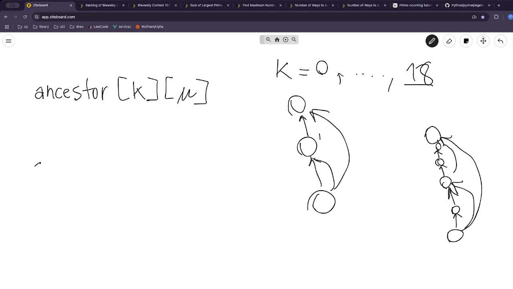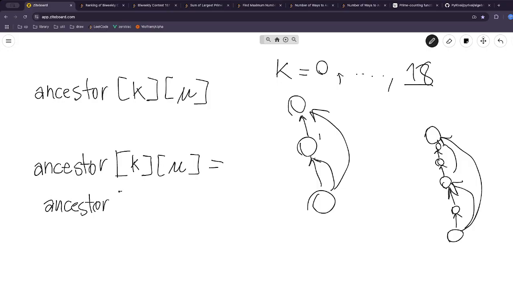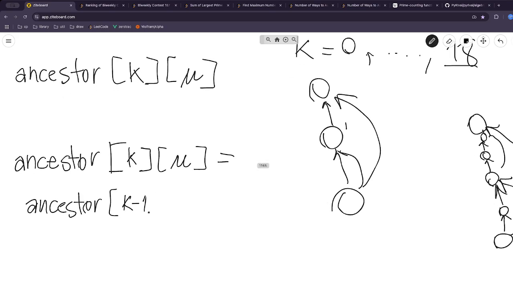So that means that we can calculate this recursively. Well, recursively in the sense that we can do dp, right? But we can say the ancestor of k at u is equal to the ancestor of k minus 1, which means that is half the jump, right? And since we're calculating from 0 on up, that means that when we're trying to calculate k, we already have k minus 1.